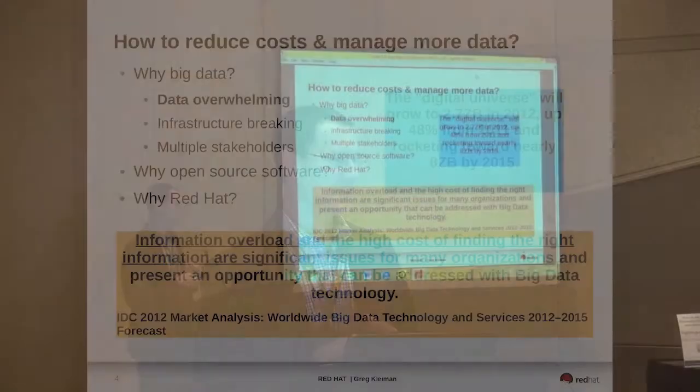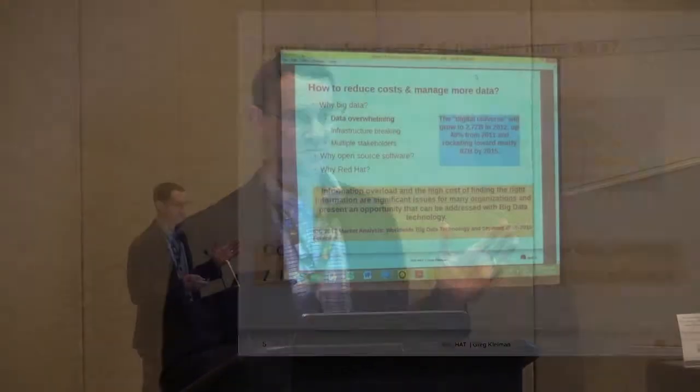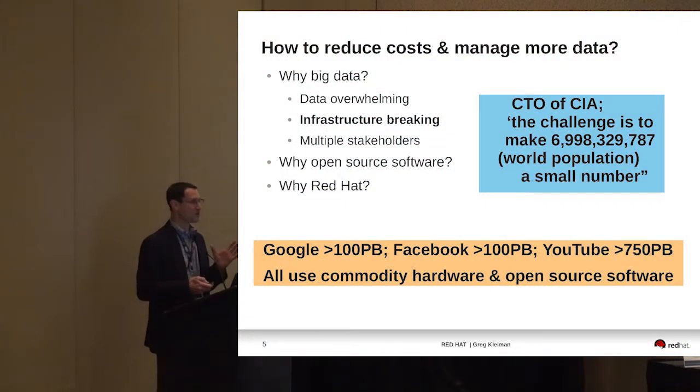IDC says we're headed for 8 zettabytes by next year, and the bottom line is the quantity of data is creating information overload. So agencies in the state, private industry, just people like us, we're getting barraged with data, and it's overwhelming us. So that's the first thing, and that creates part of the problem.